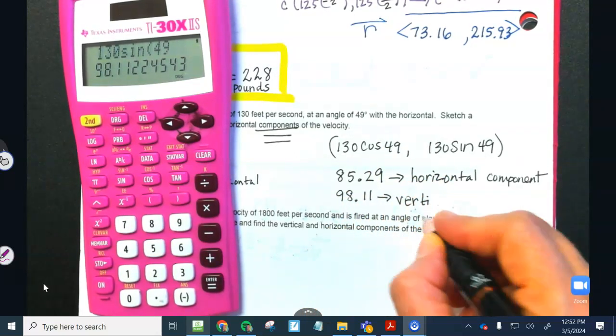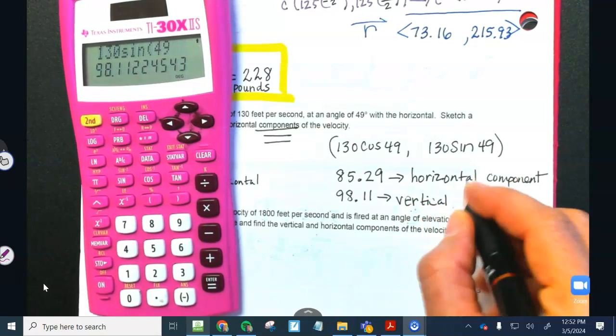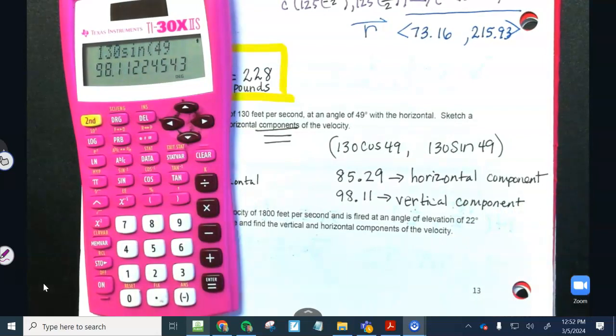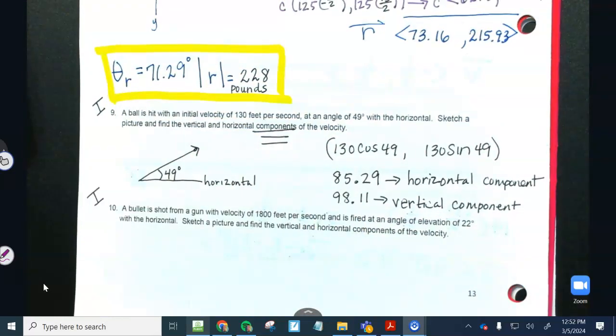Look, I got 85 point something and 98 point something. Did you get that too? Yes. Thank you. You got to make sure you get it today because I can't help you later. So, those are the components for that.